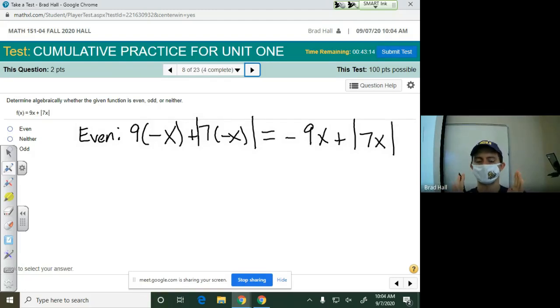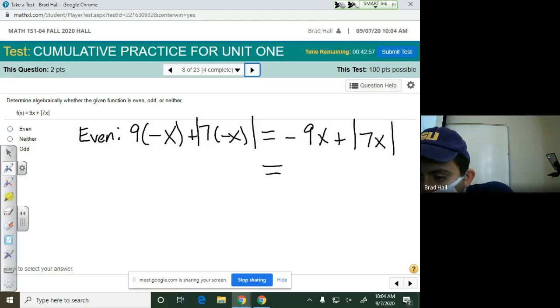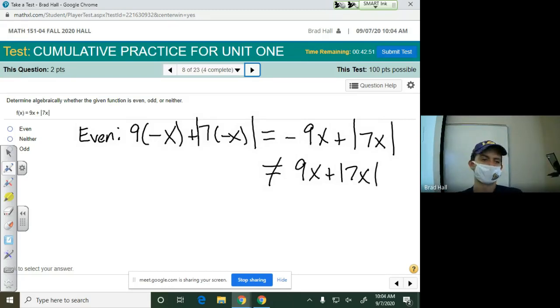That's what absolute value means. It means anytime you multiply by a negative, get rid of the negative, no matter what. So it's gone. Didn't even have to do anything with it. And then we ask ourselves, is this the original function? It is not the original function, because all of a sudden there's a negative on the 9x. So it's not even.